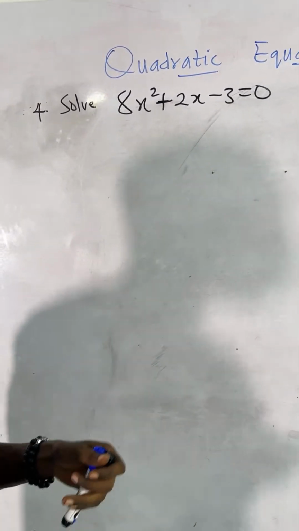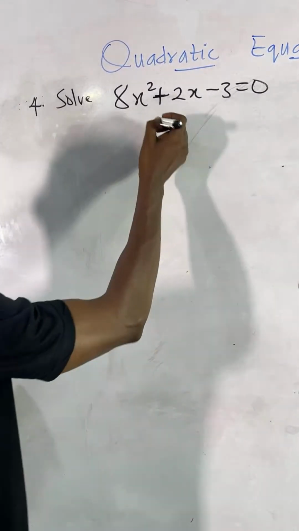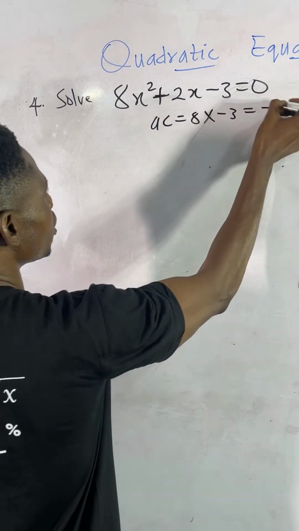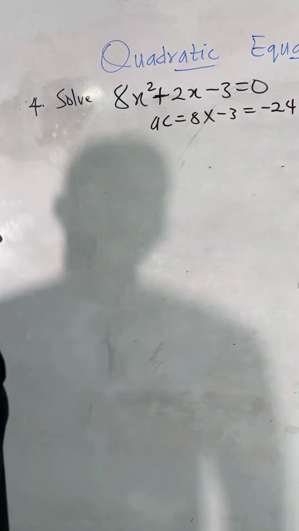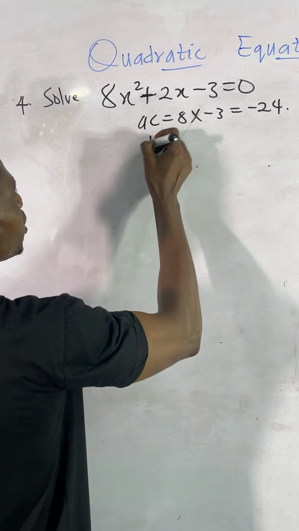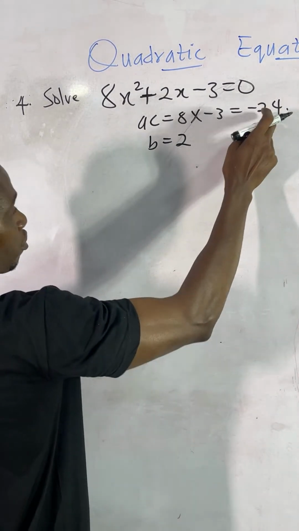Okay, but to save time, I'll just proceed. So our AC will be 8 multiplied by negative 3, which is negative 24. And our B is 2. So what are the factors of 24?